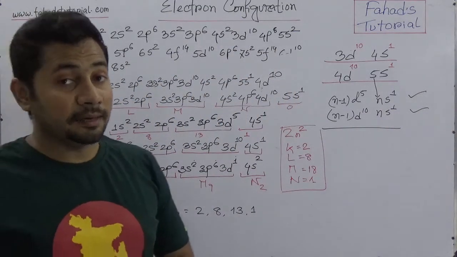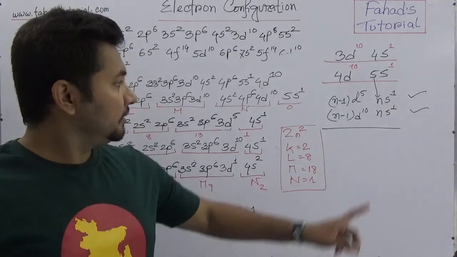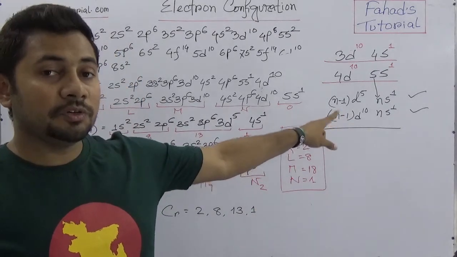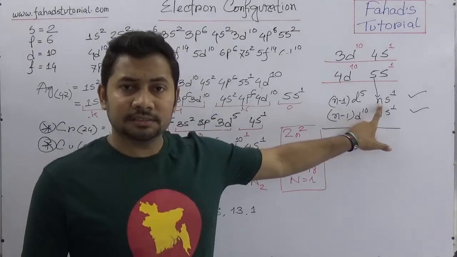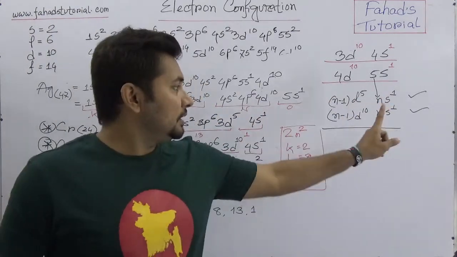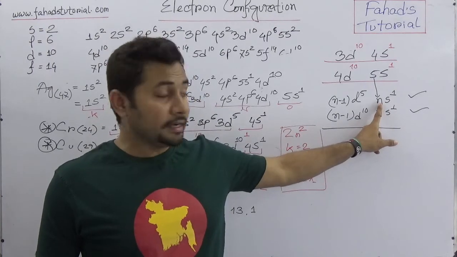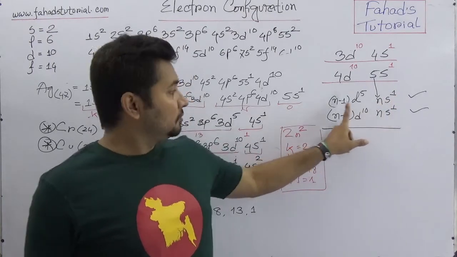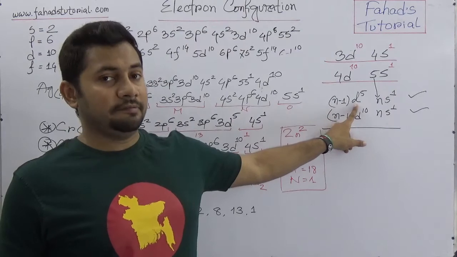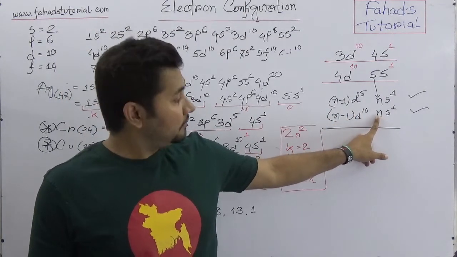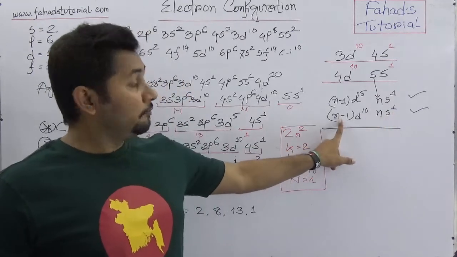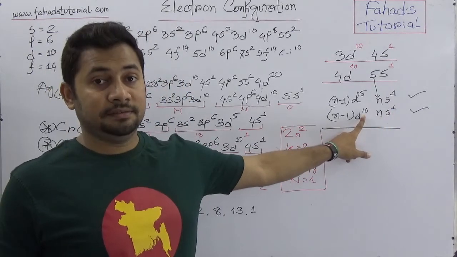So there are some MCQs in your question paper like this, asking which one is the stable electron configuration. N means the principal quantum number. So if it is 4s1, it would be 3d5. If n is 5s1, then it would be 4d10.